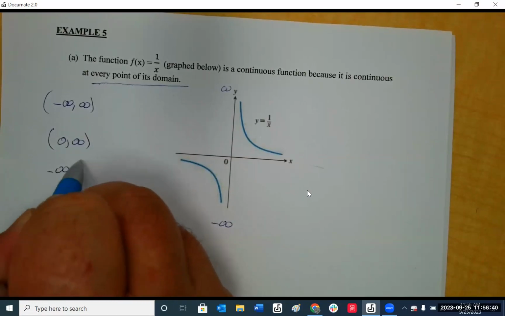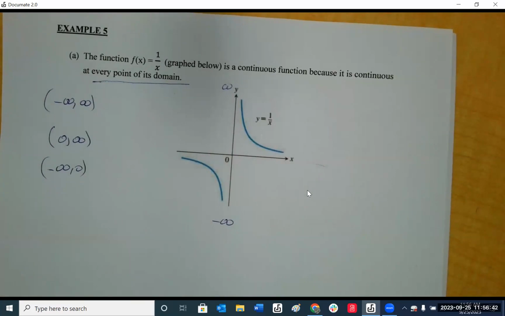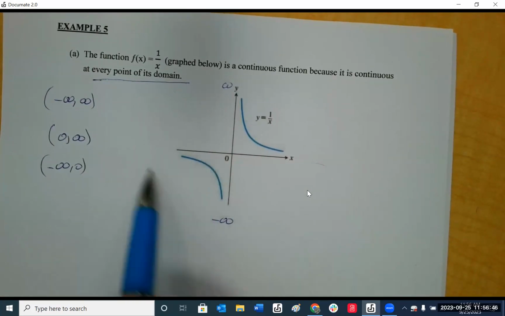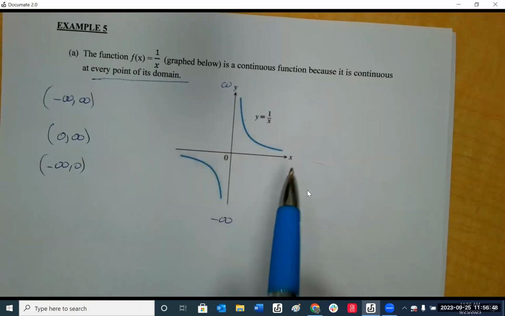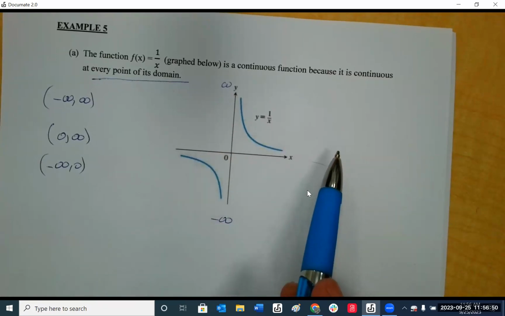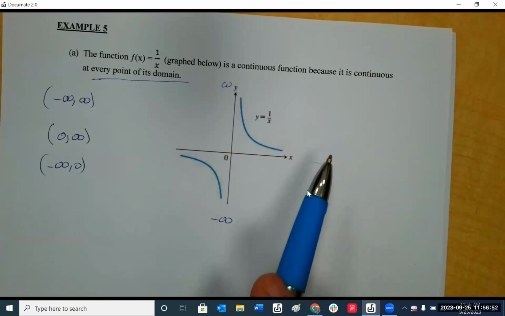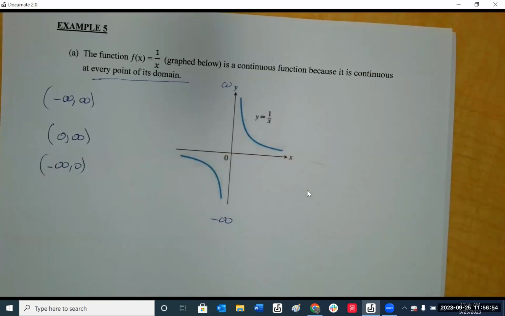But what if I just take one of these two? Then it's continuous on the left-hand side only, and continuous on the right-hand side, except at the endpoint. There is no endpoint, because we can never get to +infinity. So it's discontinuous unless you partition the domain.